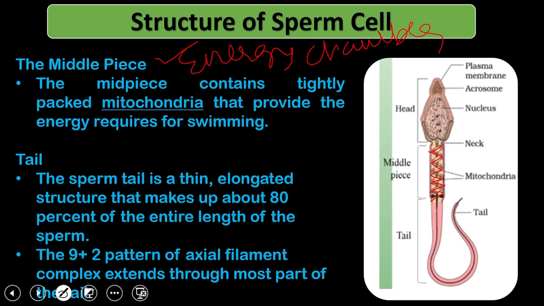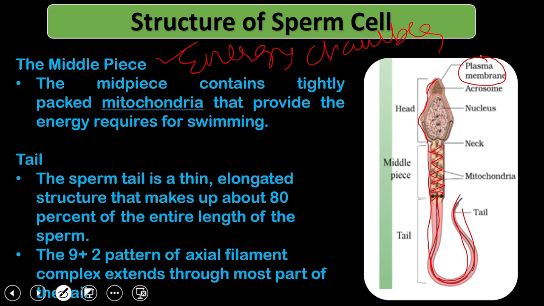Around these axial filaments, the spirally arranged mitochondria are present in the middle piece, and the entire sperm is enclosed by the plasma membrane, the outer covering.